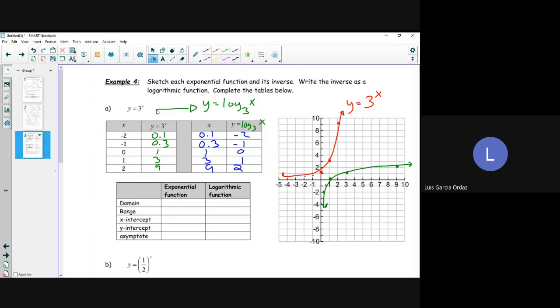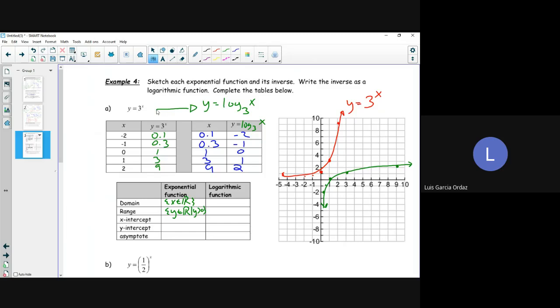All right. So let's look at the exponential function. What is the domain of the exponential function? So our domain is going to be x is an element of the real numbers. Our range is going to be y is an element of the real numbers such that y is greater than 0.